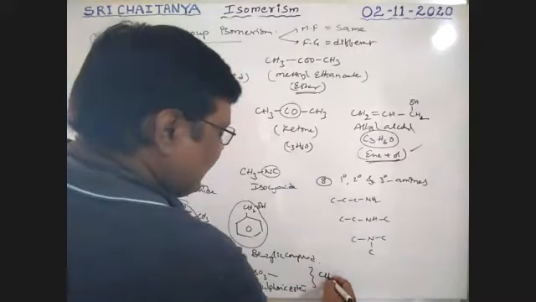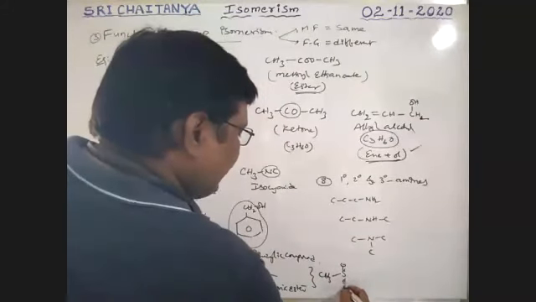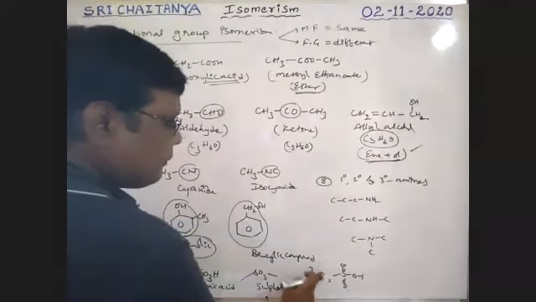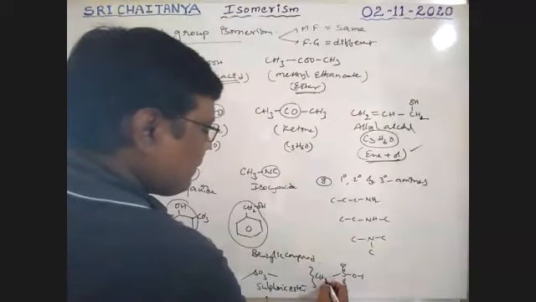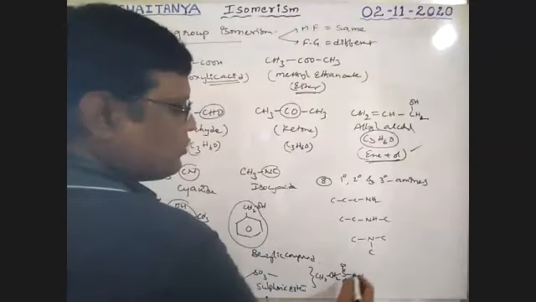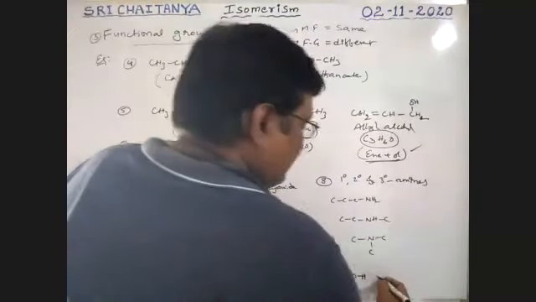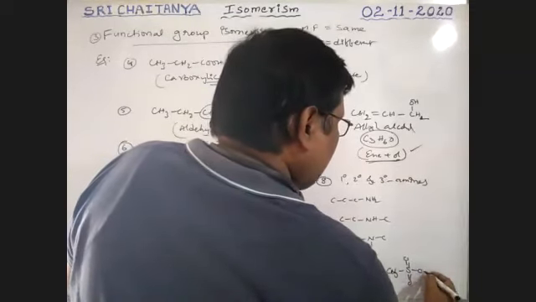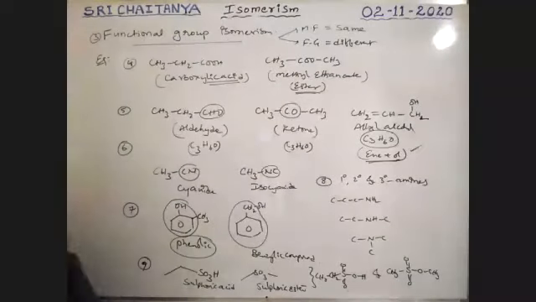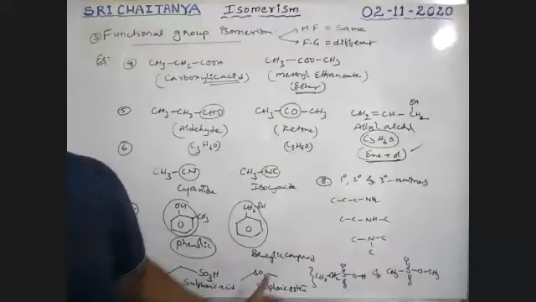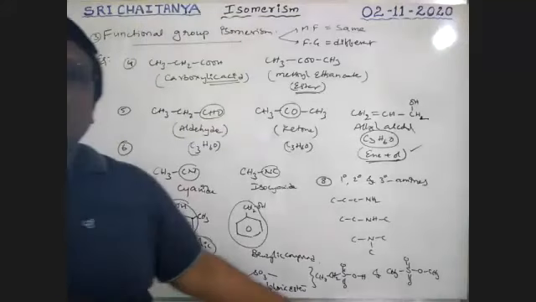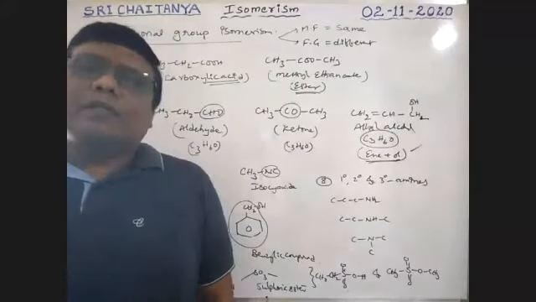I am writing CH3CH2SO3H and CH3SO3CH3. Both have the same formula, one a structural formula and one a bond line formula. Both are the same. It is a sulfonic acid and a sulfonic ester. Both these are functional isomers, boys.